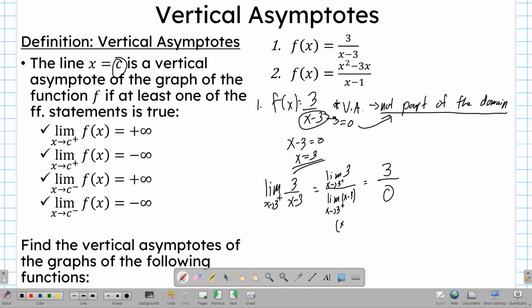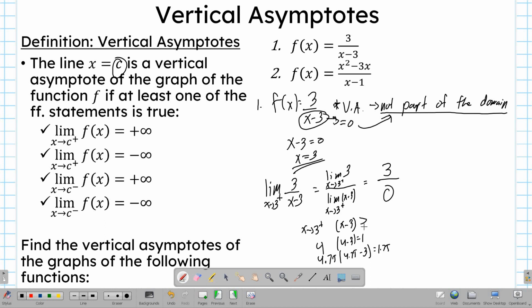Now what happens to x - 3 as x approaches 3 from the right? If we have, say, for example, 4, that's 4 - 3 is equal to 1. If we have 4.75, that's 4.75 - 3, and that becomes 1.75. These two show positive values, and we know that if we subtract 3 from bigger numbers, that's from the right, we get positive values.